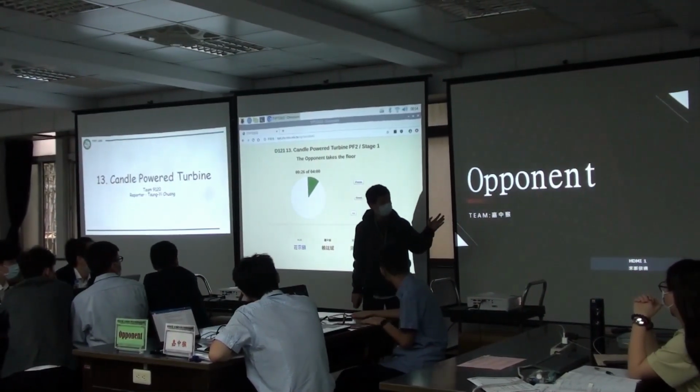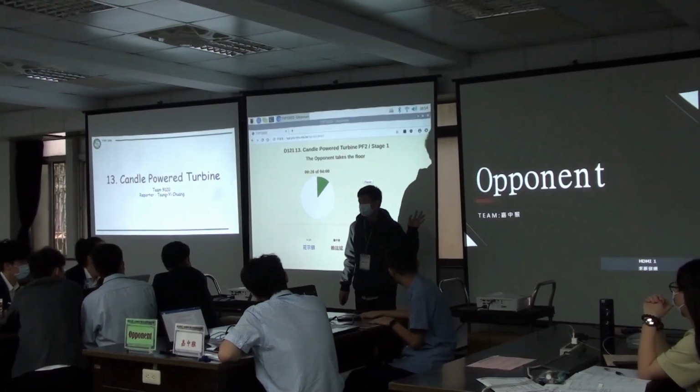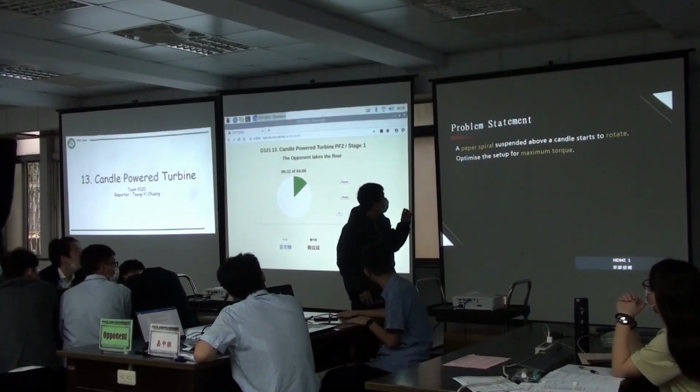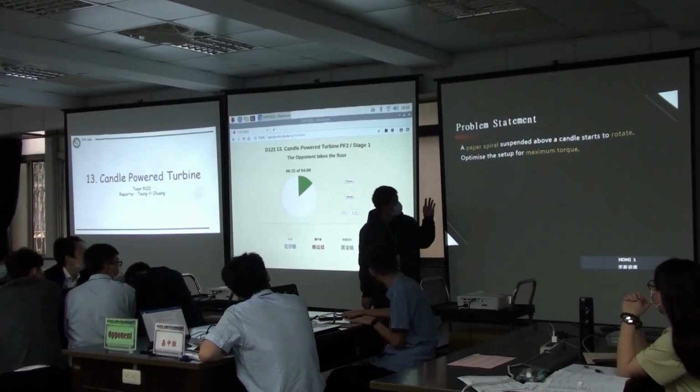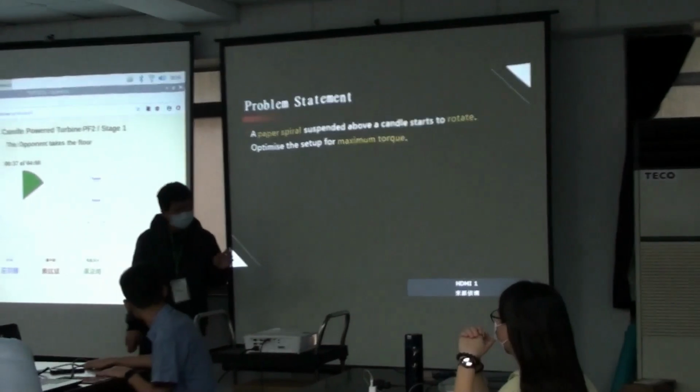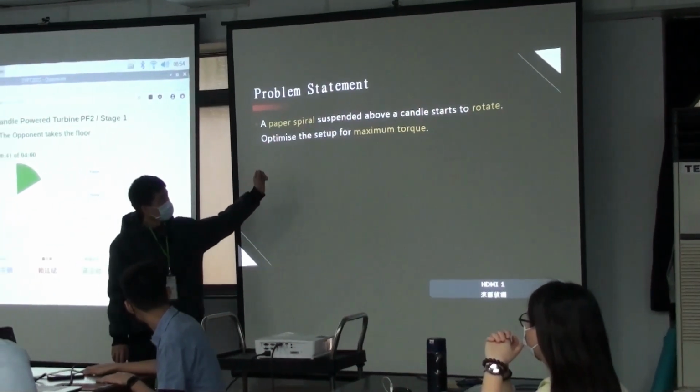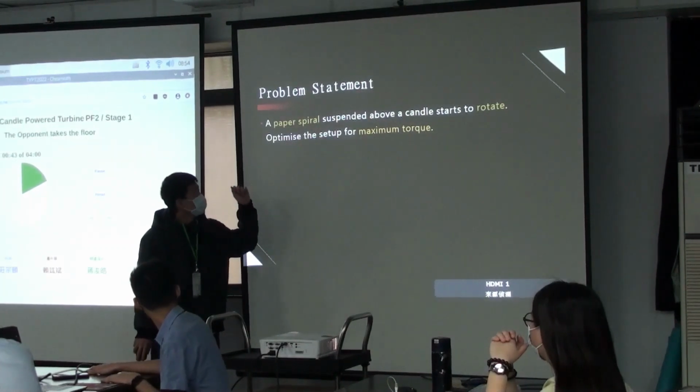Now I'm going to report our option. Problem statement. The main focus is on the maximum torque of the paper spiral.